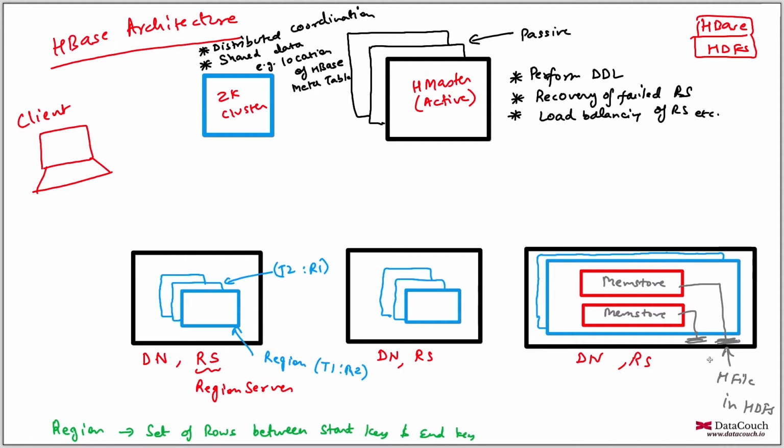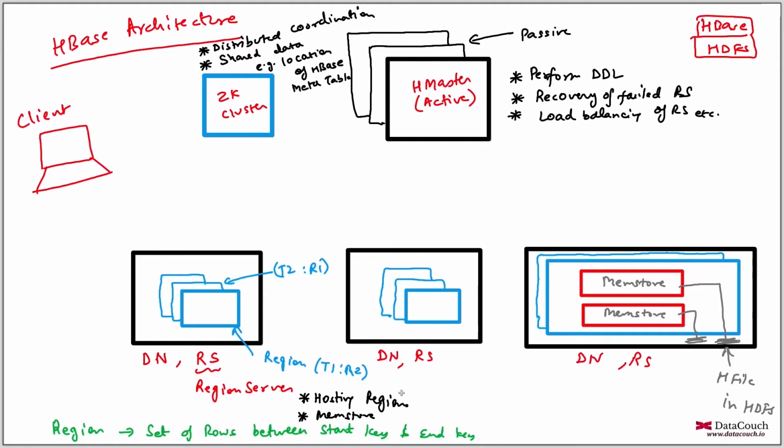But let's see the important part right now from a high level point of view. So region server stores different types of data, and it has multiple responsibilities. This region server is responsible for hosting regions and mem stores.